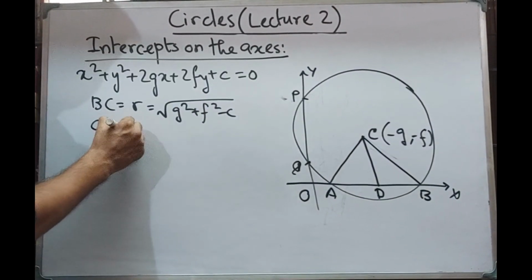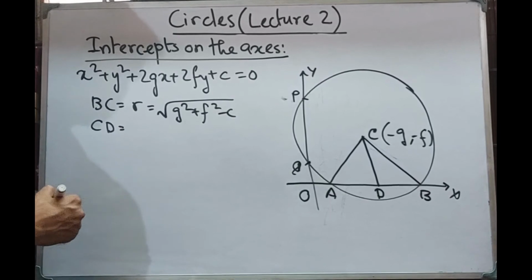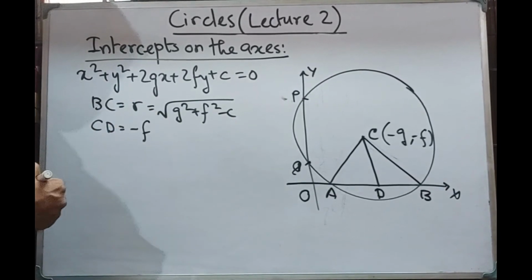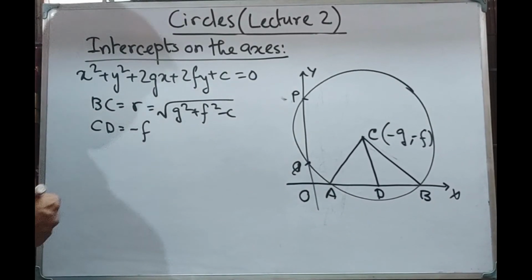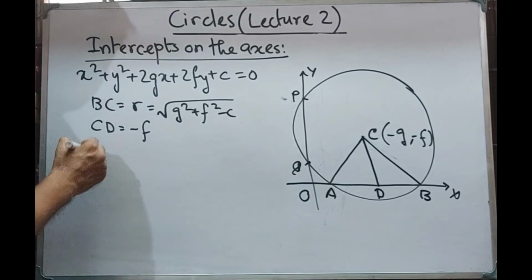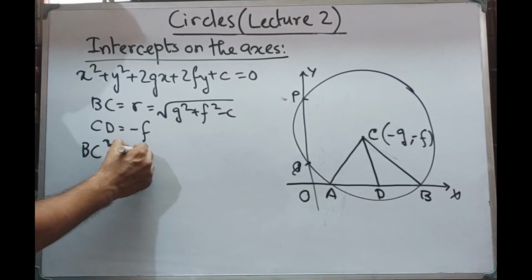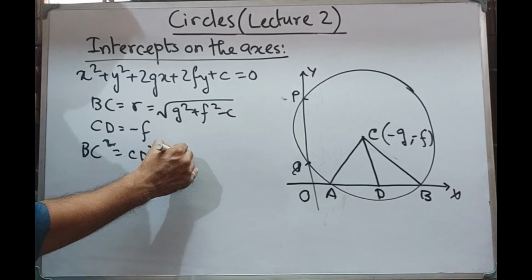CD is the y coordinate of the center of the circle, so we can say this is minus f. And since the triangle is a right angle triangle, we can write BC square is equal to CD square plus DB square.